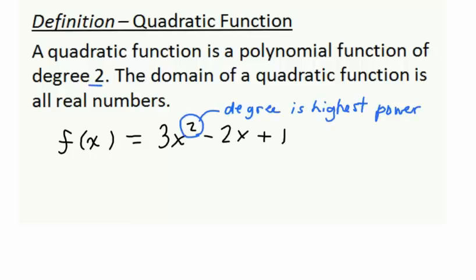When I say degree 2, remember that means this is the highest power of the variable x in our polynomial function. And just like other polynomial functions, because this is just a special polynomial function of degree 2, the domain of this function is all real numbers. And of course that's true for any quadratic function. A quadratic function is always going to have a domain x in R.